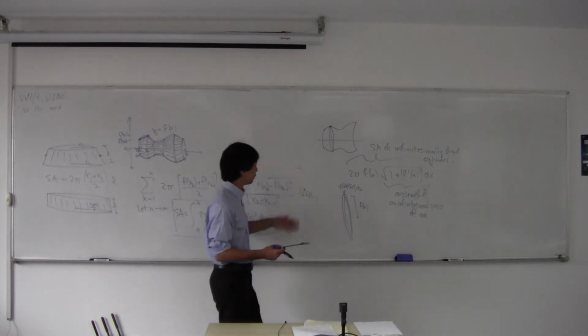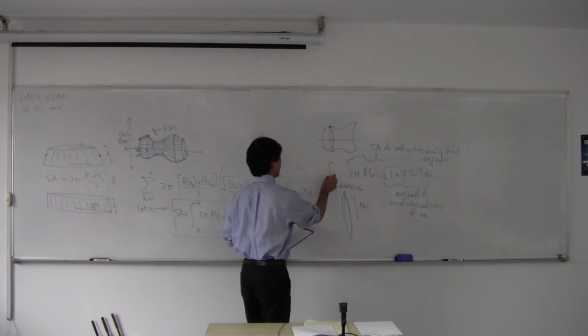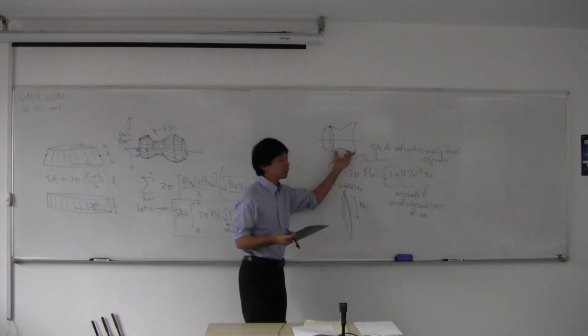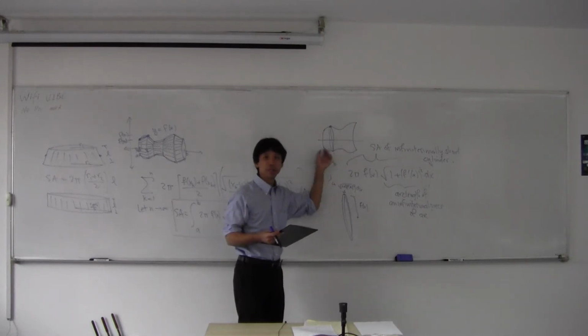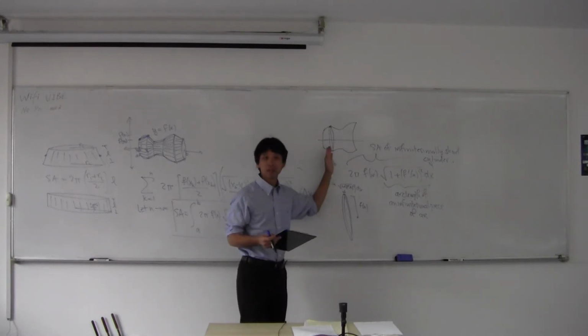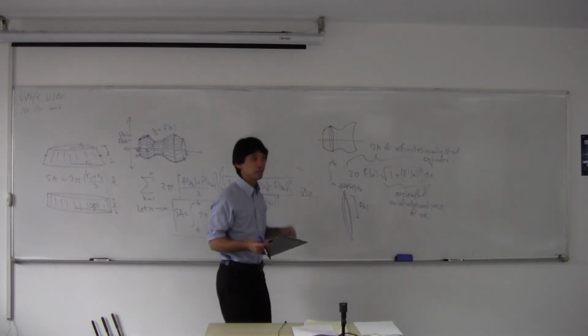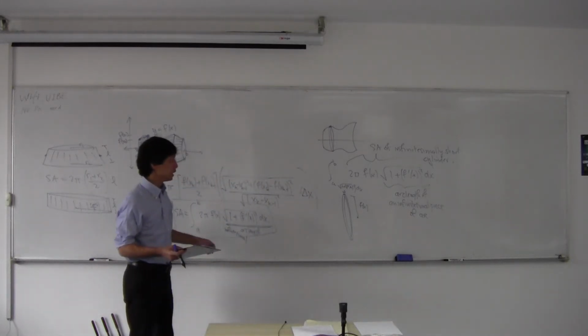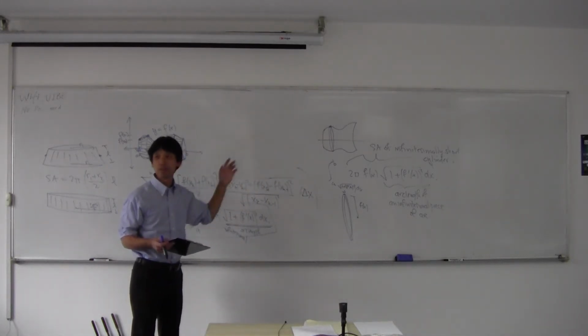Then you sum all those together from a to b, and you get the sum of all those areas of the cylinders, which gives you the whole thing. So that's the infinitesimal view of this.